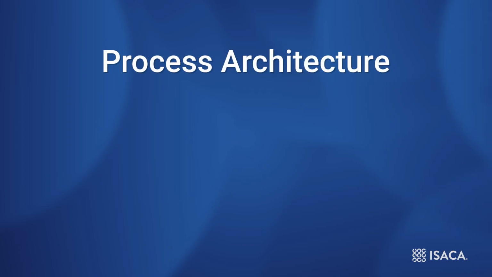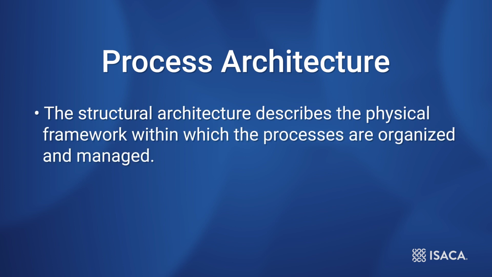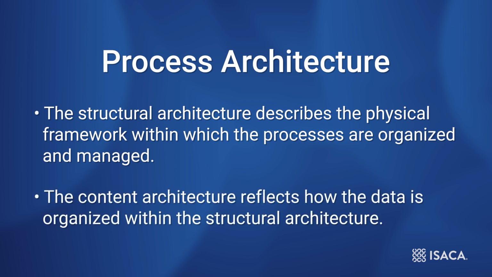There are 2 main components to a process architecture. The structural architecture describes the physical framework within which the processes are organized and managed. The content architecture reflects how the data is organized within the structural architecture.